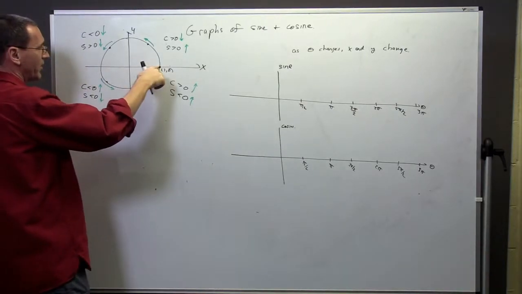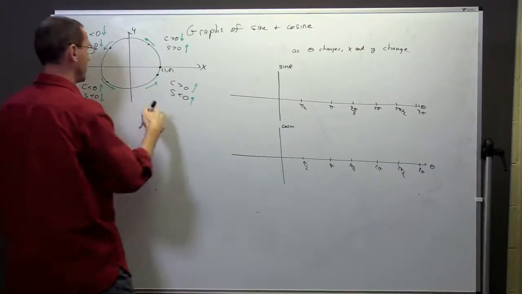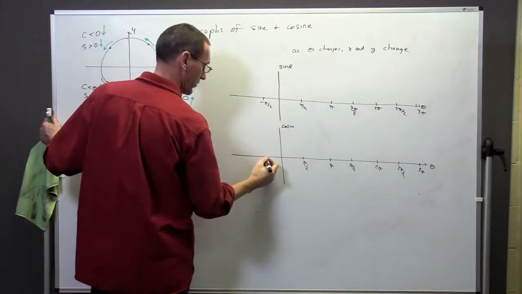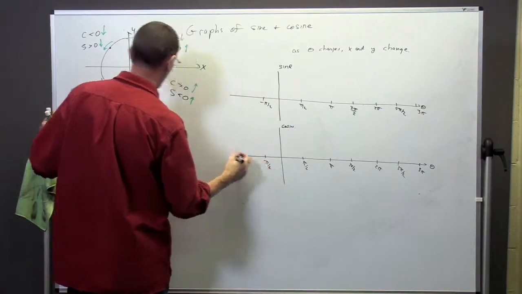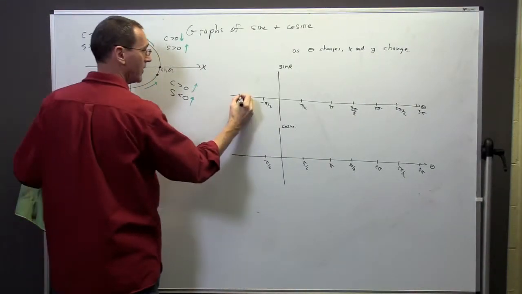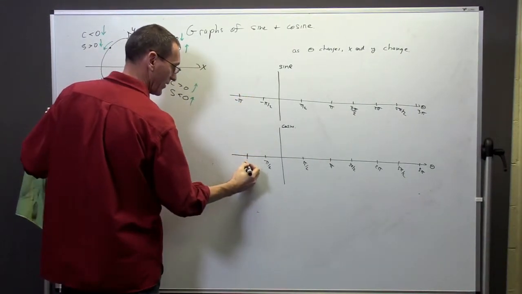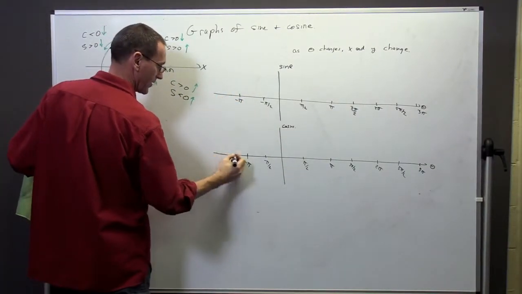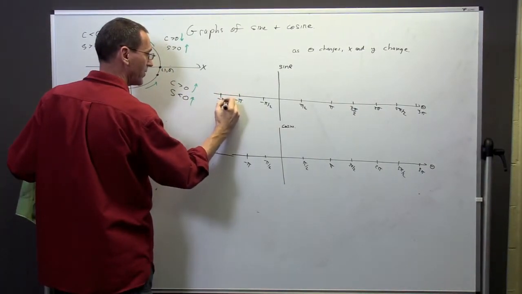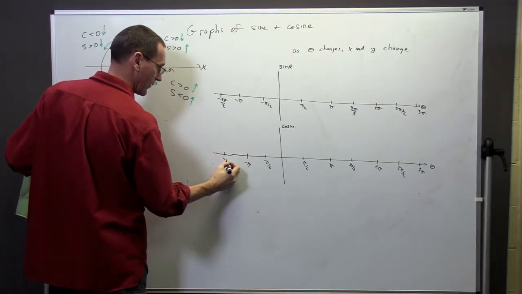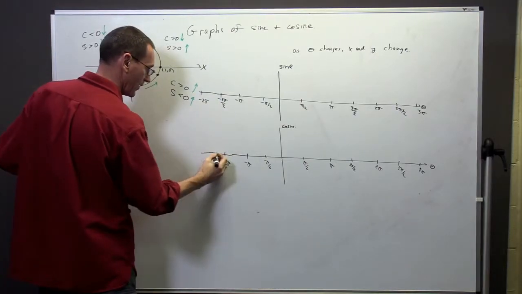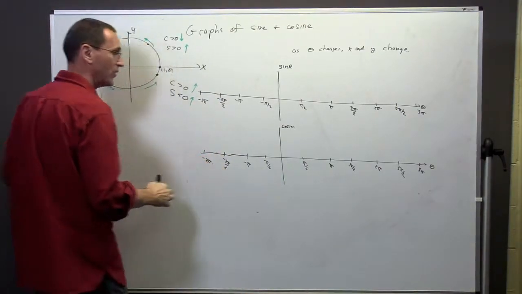Notice if I started here, I could also go back around the other way. So if I came around this way, that's negative pi over 2, then negative pi, then negative 3 pi over 2, and negative 2 pi.